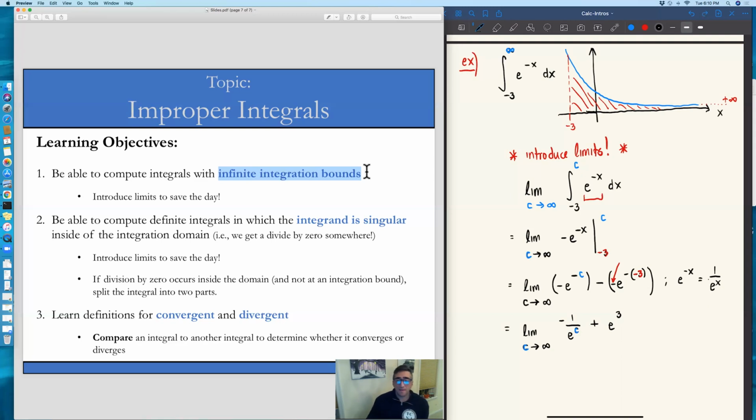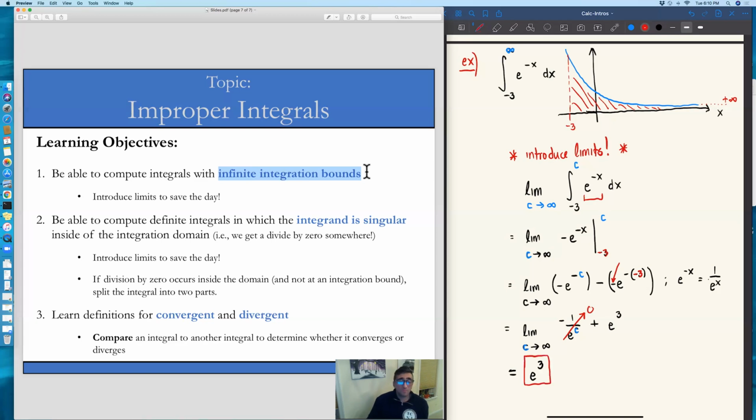So if we take this limit, basically what happens as c goes to infinity is that the denominator of the 1 over e to the c term gets really, really large. So 1 over a really, really large number is just 0. So this limit goes to 0. And at the end of the day, the total area under the curve happens to be e cubed.